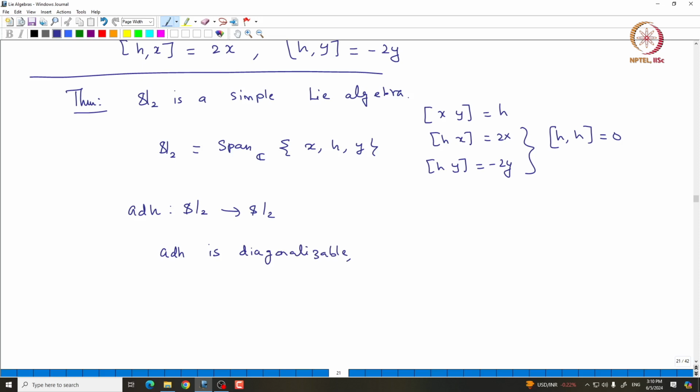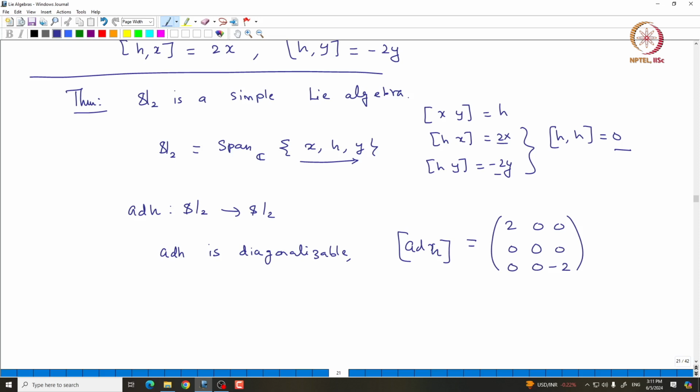The eigenvalues are 0, 2 and minus 2. So, let us use the order of the basis like this: x, h and y. If you use that ordered basis, then the matrix looks like this: hx is 2x, and then hh is 0, and then minus 2. So, this is the matrix corresponding to ad h.